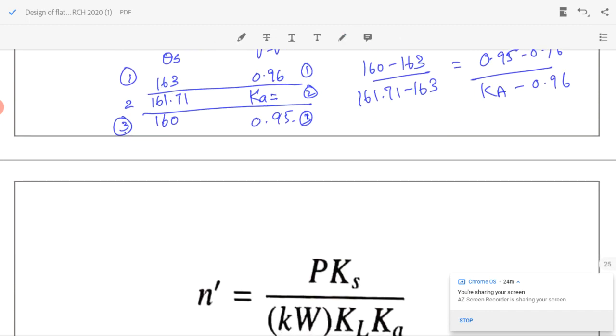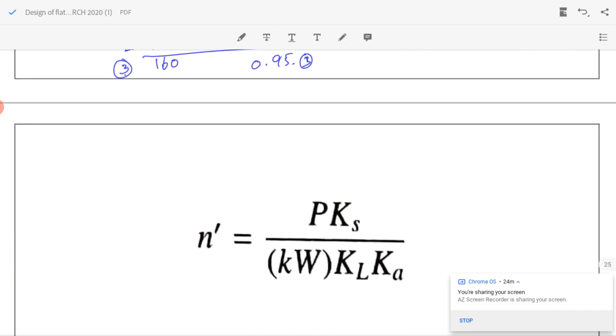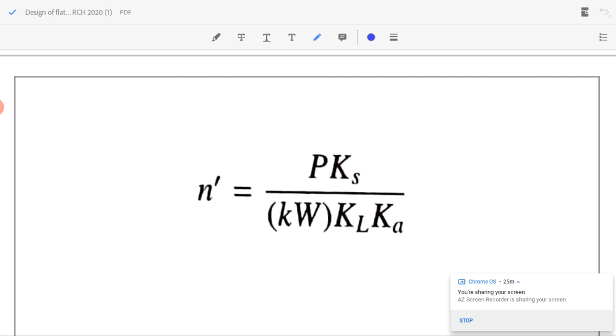After substitution, I will get Ka equal to 0.9557.